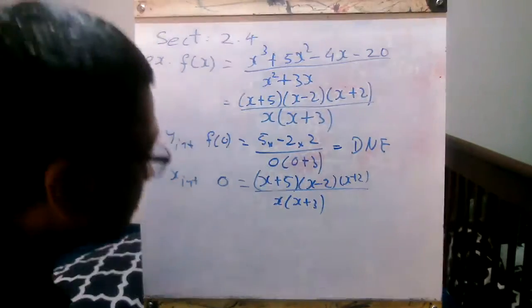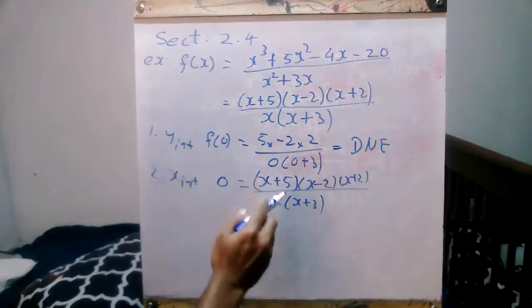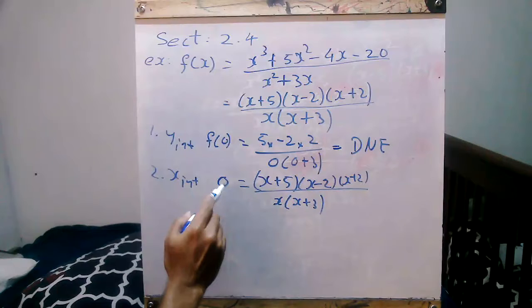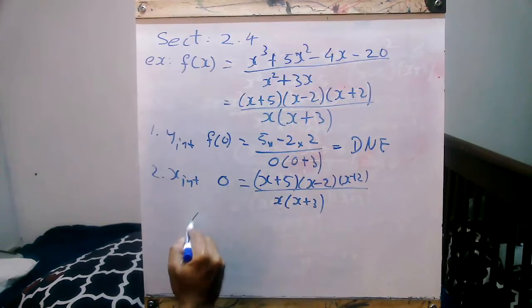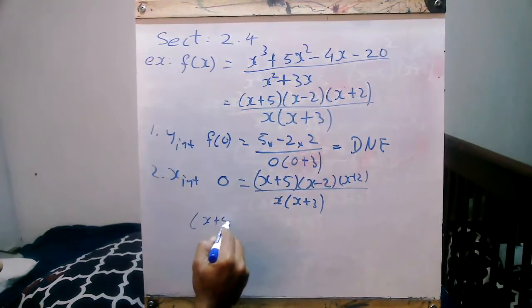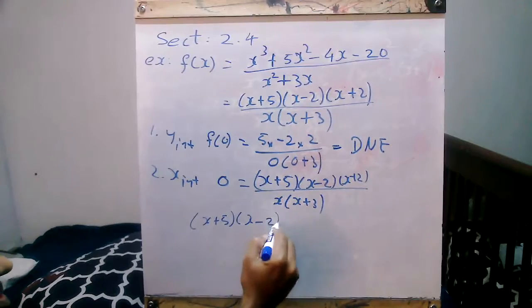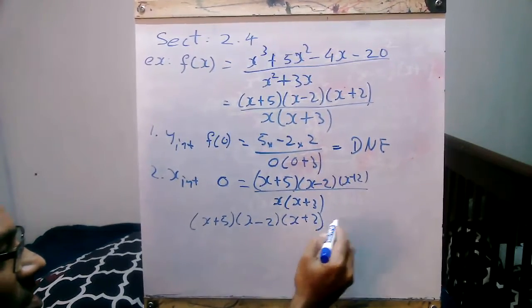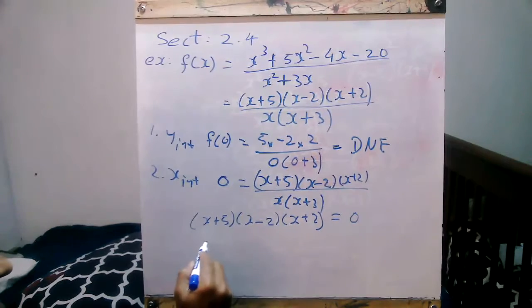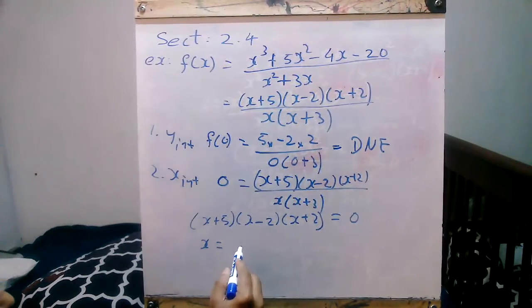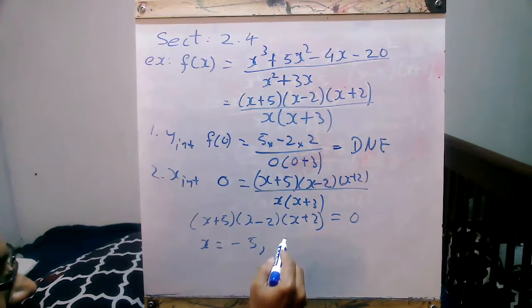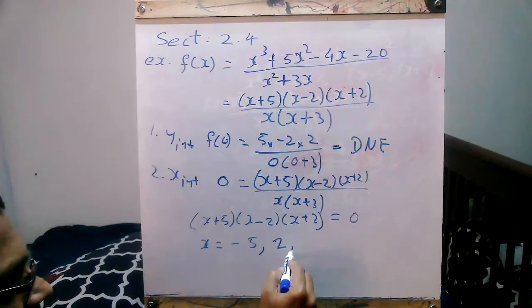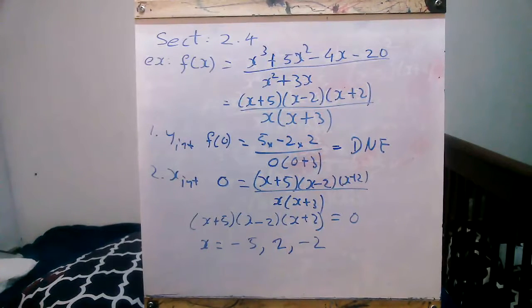Now look at this, we have a fraction equal to 0. If a fraction is equal to 0, we know definitely its numerator is 0. This implies (x plus 5)(x minus 2)(x plus 2) equals 0, and this gives us x equals negative 5, positive 2 and negative 2. These are the x-intercepts.